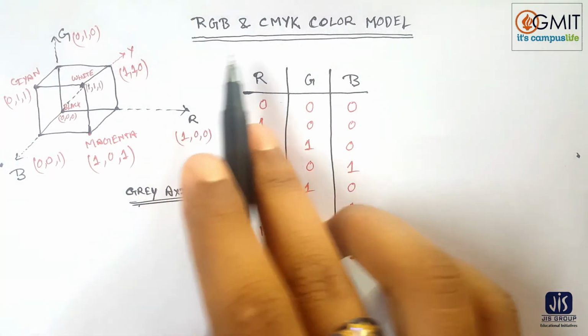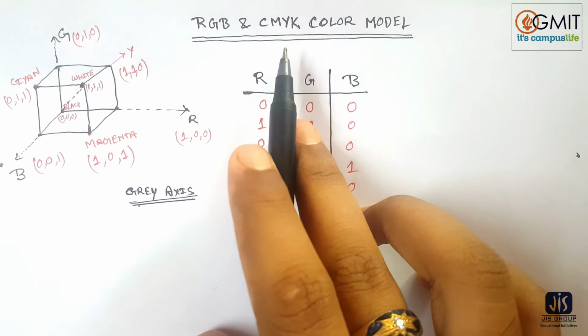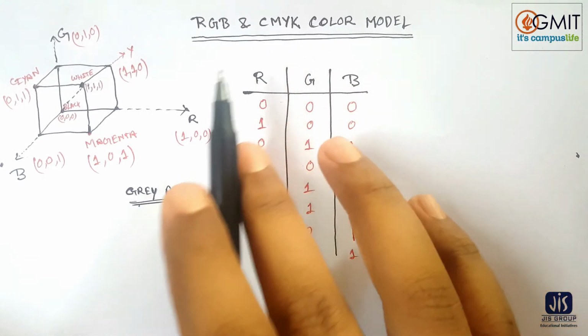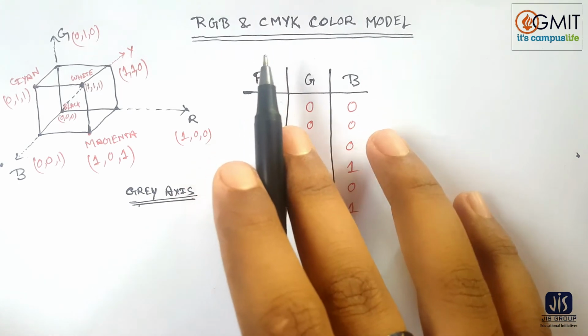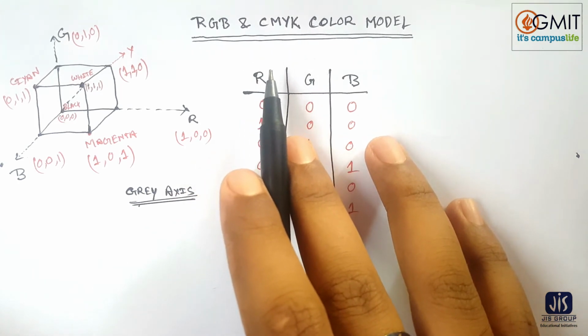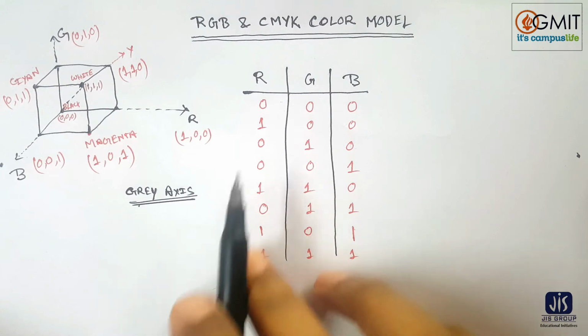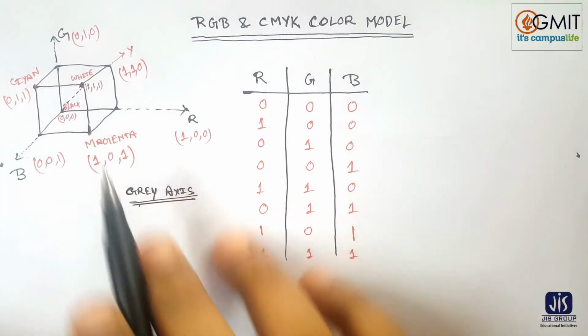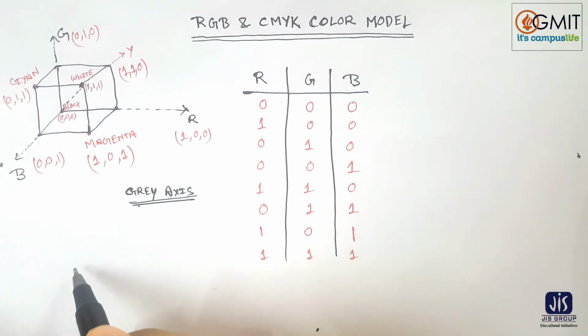RGB is an additive color model. This is a subtractive color model. Why subtractive? Because we get the colors from CMYK by subtracting the value from white. From white we are subtracting. Okay, you can draw a similar picture for CMYK also, like this.